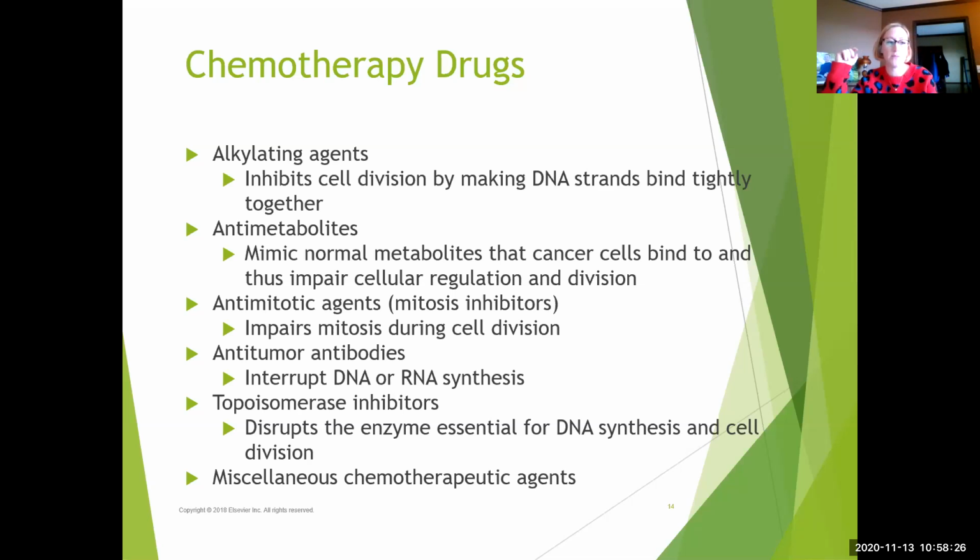So those two will often be used in combination. The Mesna is not a chemotherapy drug, but it's a drug that's used in conjunction with the ifosfamide to prevent the hemorrhagic cystitis by binding to the acrolein and stuff in the bladder. So it helps keep that from happening. So it's important that they oftentimes take those two together.